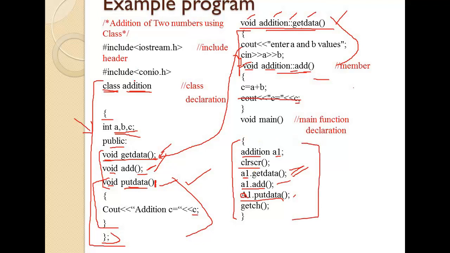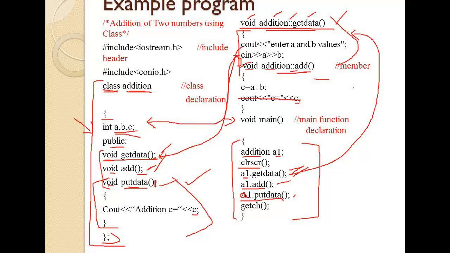The order needs to be maintained only inside the main program; it doesn't have any relationship with the previous lines. If you execute the program, the control will directly come to the main program. It won't see all these lines. Once it enters the main program, after the object creation, with the help of the object it will go for the get data member function. Once it goes to get data, it will see A and B, then go and check the class declaration part to see whether the variables are declared.